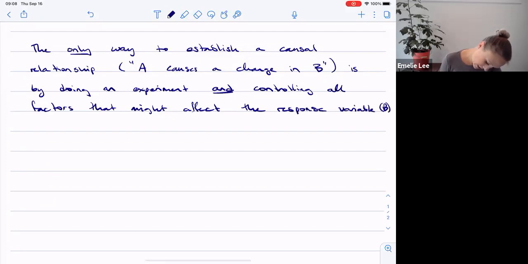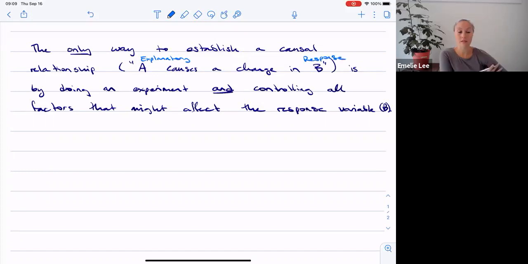And then I'll put in brackets, capital B, right? Referring to here, this kind of causal, A causes a change in B. A would be the explanatory variable, and B would be the response variable in that case, right? If we're concerned with changes in B, then that makes it our response variable.